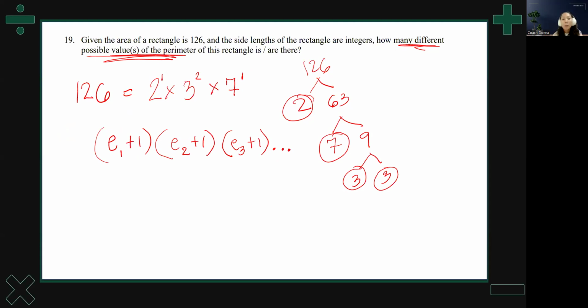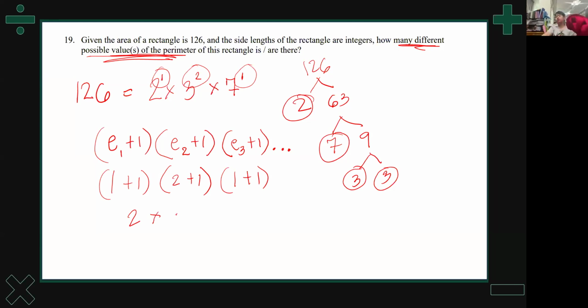But in this case, we only have 3. Exponent 1 is 1, plus 1 to that. Exponent 2 is 2 plus 1. Exponent 3 is 1 plus 1. So you have 2 times 3 times 2.